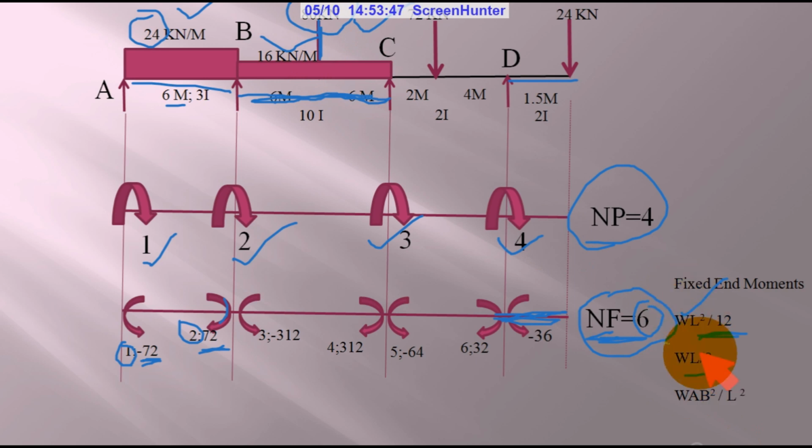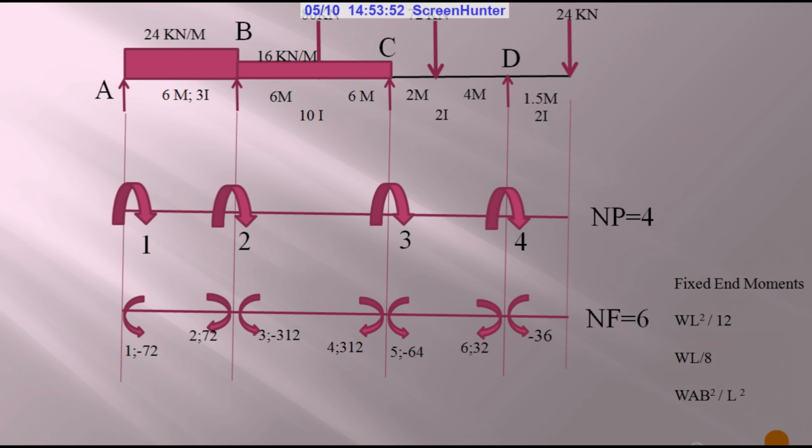So you have to sum up. For example, for UDL I am considering span BC, so this will be 16 multiplied by 12 square by 12. This will be because of this UDL plus because of this concentrated load, it will be WL by 8. So when you will add, and this is anti-clockwise, it will come minus 312.